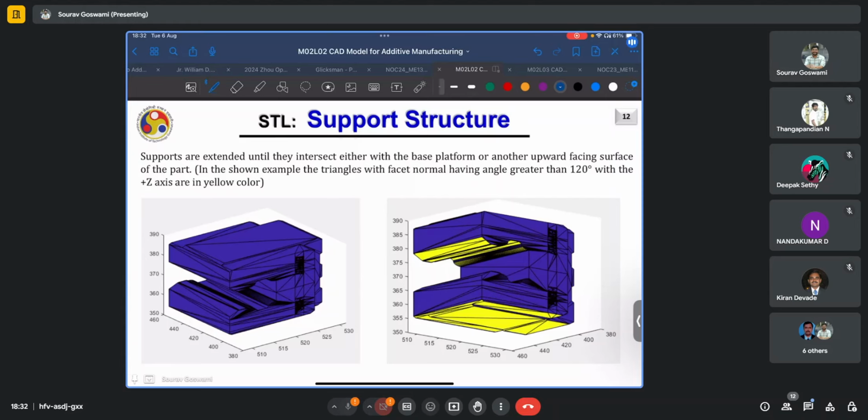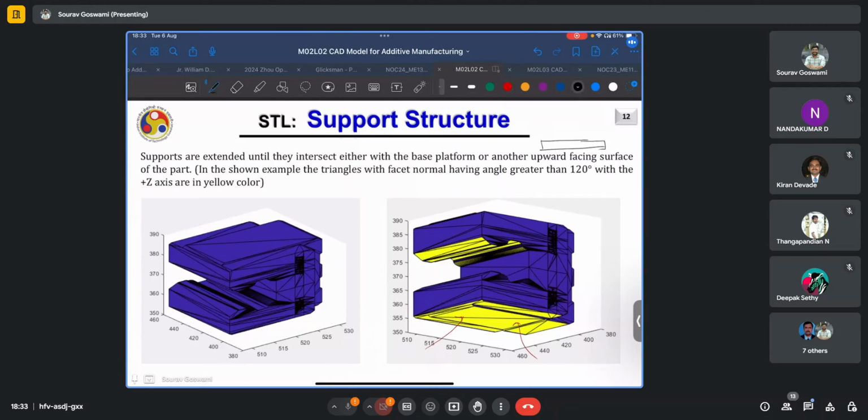Of course, the ones we see here at the bottom require support by default because they are in contact with the build plate. So typically you will have supports on the bottom as well.